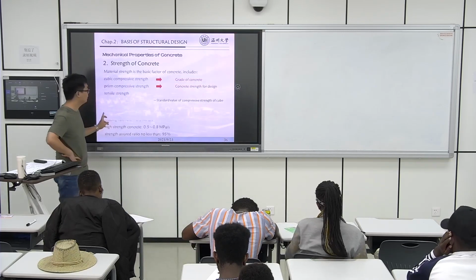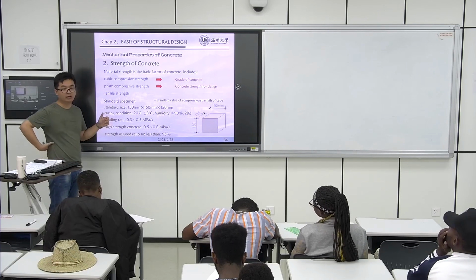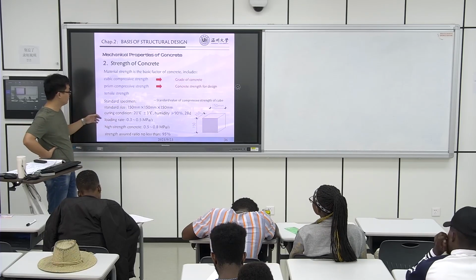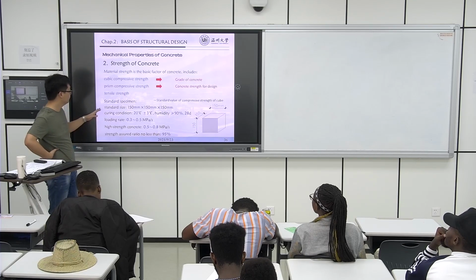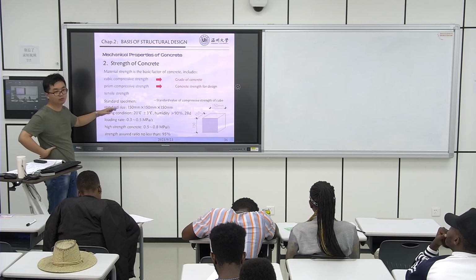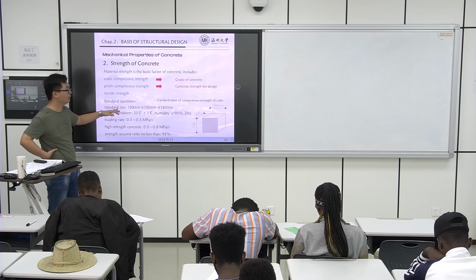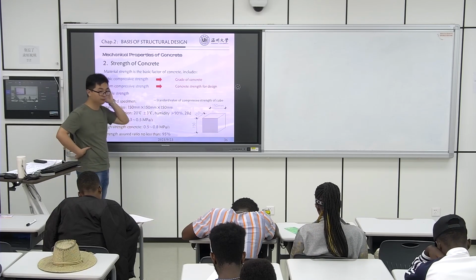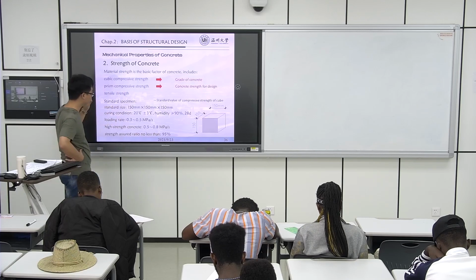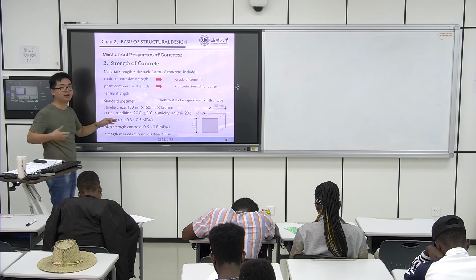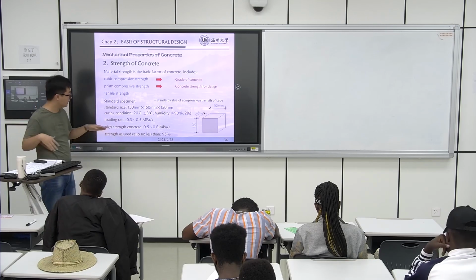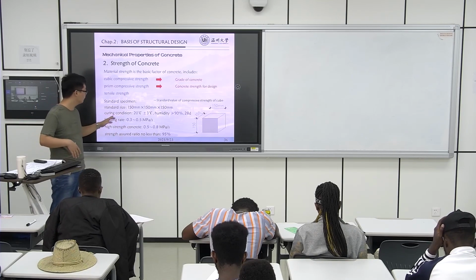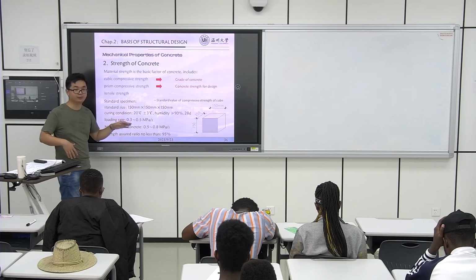Yeah, from the video, I think students may now know carefully about the standard process to get the strength. A different country may have slightly different standards, but within a country, the curing condition and the humidity should be the same.